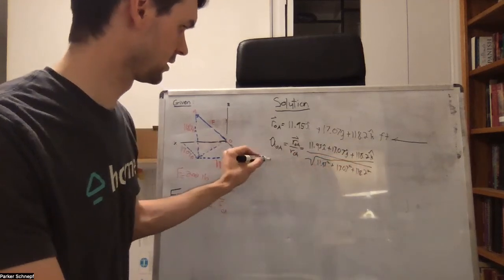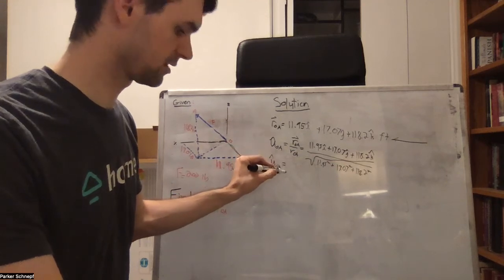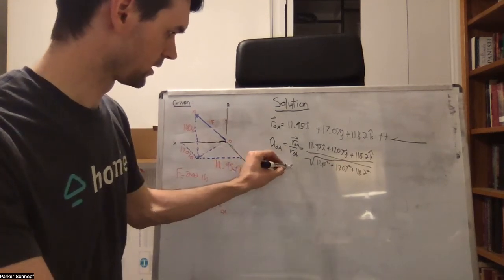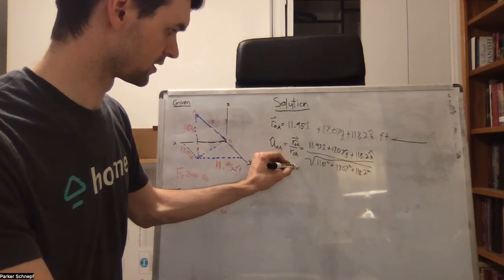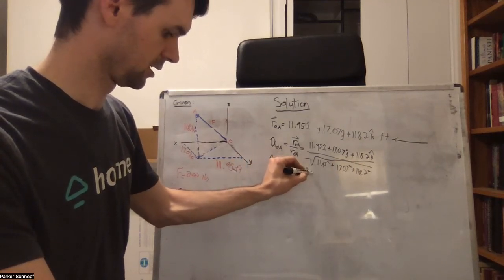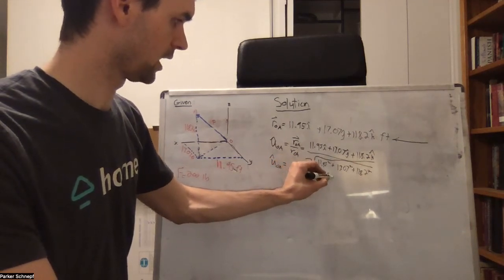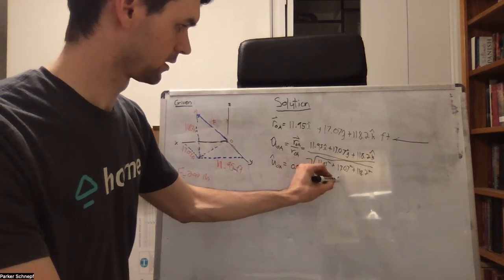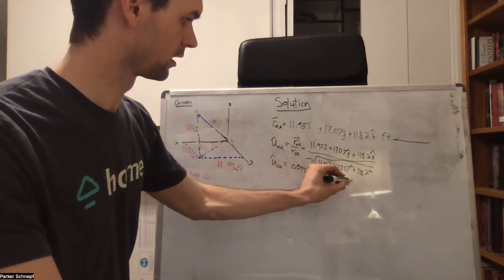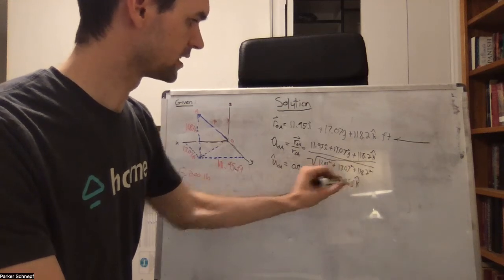And what does that get us? Well, as you can guess, it's going to give us the same answers we got before: 0.099 in the x plus 0.14 in the y plus 0.985 in the z.